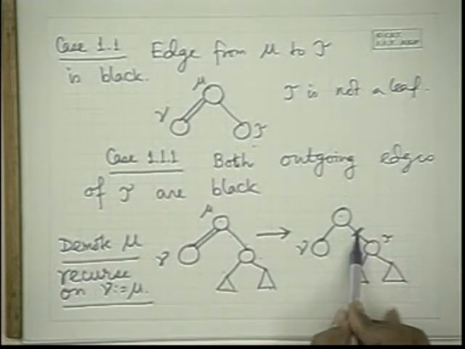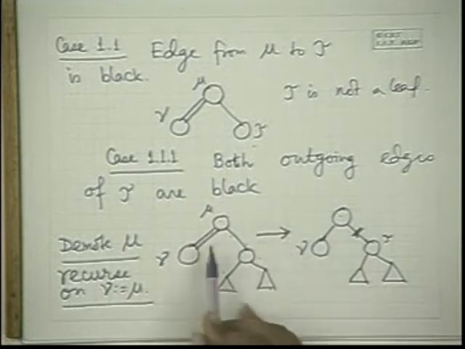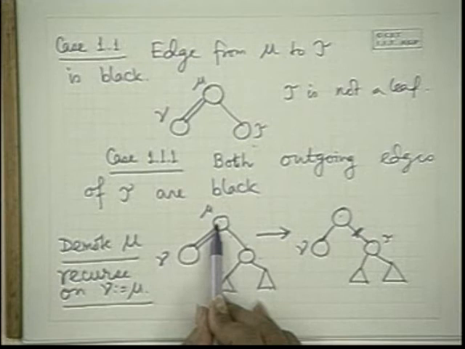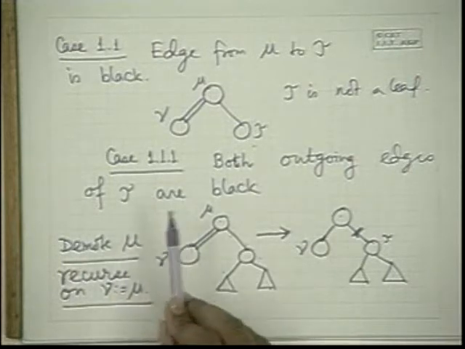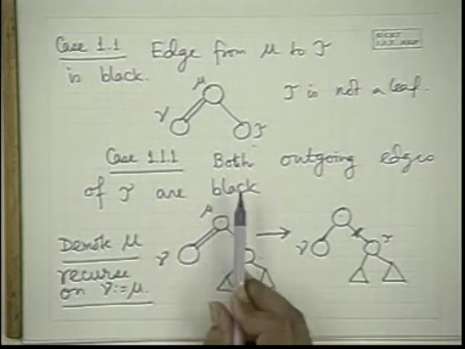This is red, so black height is decreased. So it is made a single black, which is fine. But now the problem is, suddenly I have decreased the black height by 1 of this node mu. Up the tree that may make a difference in the black height of two nodes. So what we will do now, we will propagate the problem up the tree.